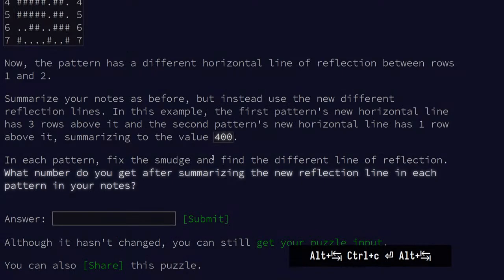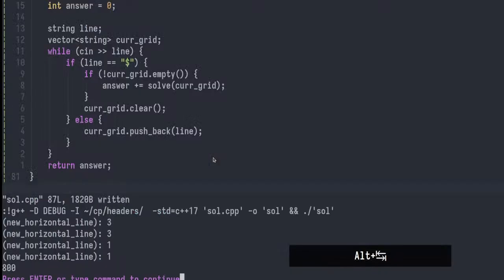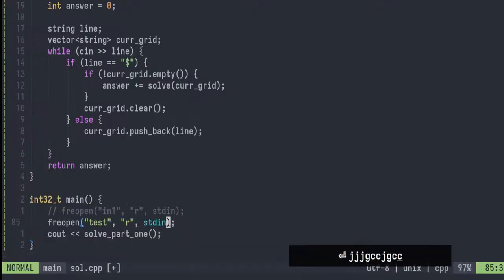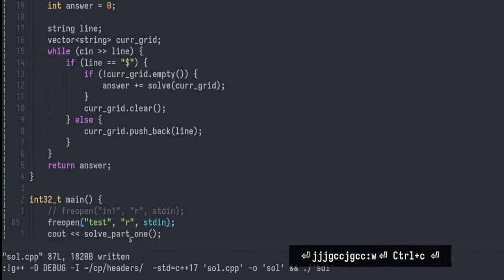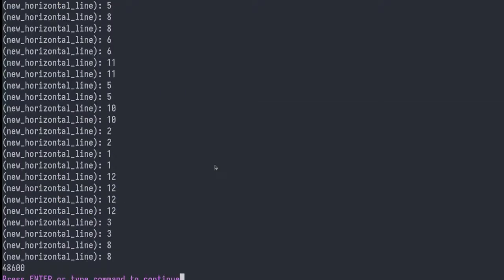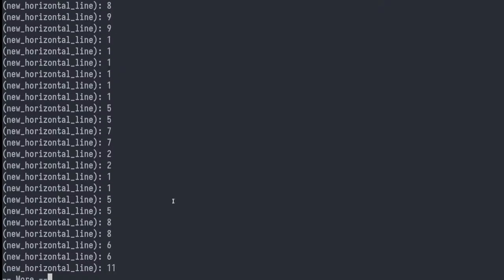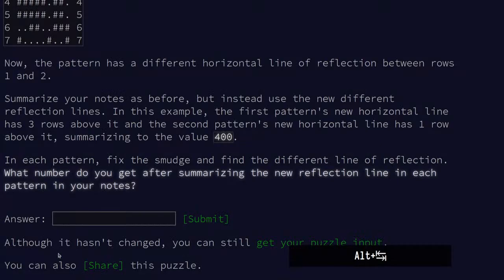Expected 400, getting 800. So if I divide this by 2, hopefully that is my answer if I'm just blindly following the pattern. 24300.